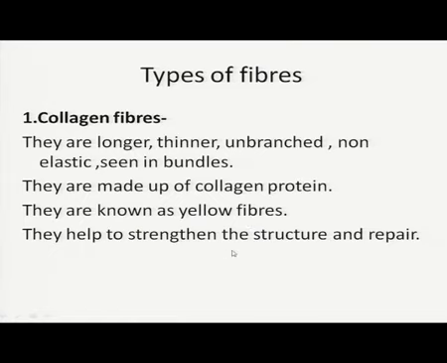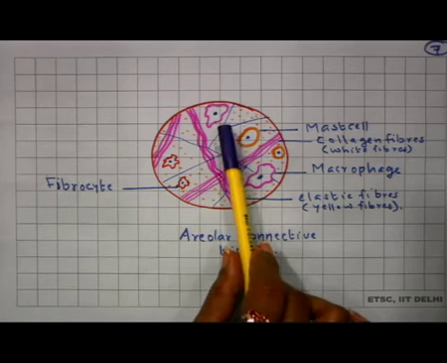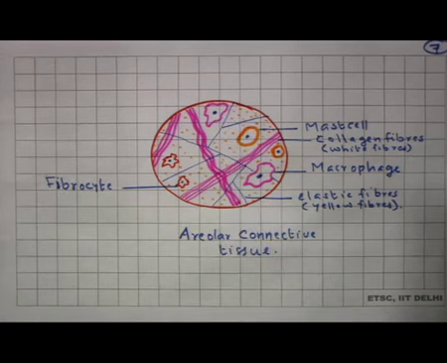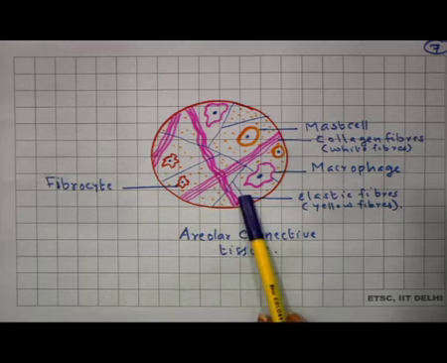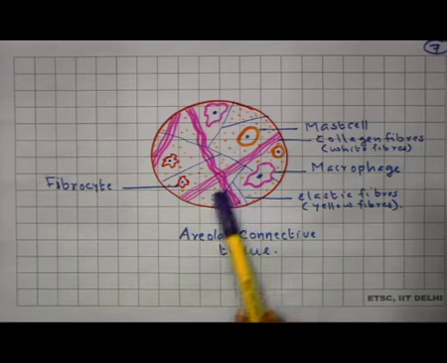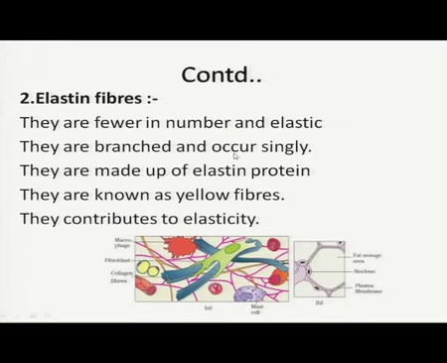They help to strengthen the structure and they help in repair. Now, coming to the yellow fibers, that is known as elastin fibers. Thin and highly branched, made up of the protein elastin. They are seen singly and they contribute to elasticity.